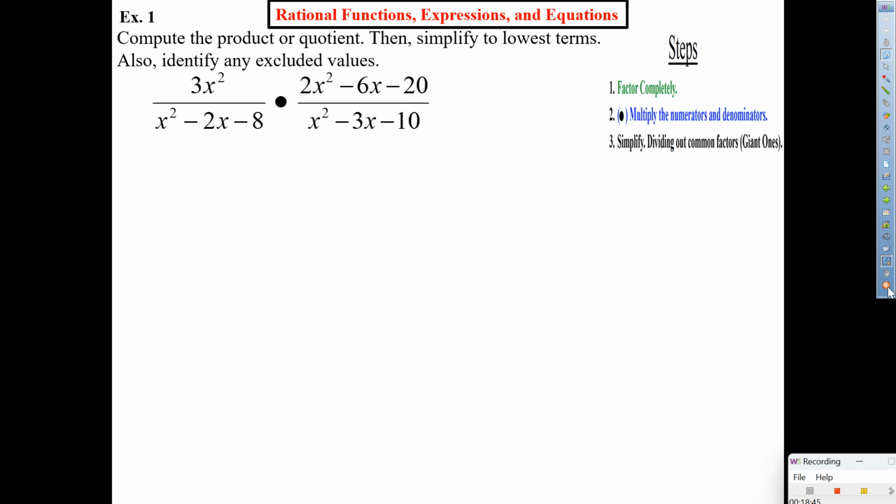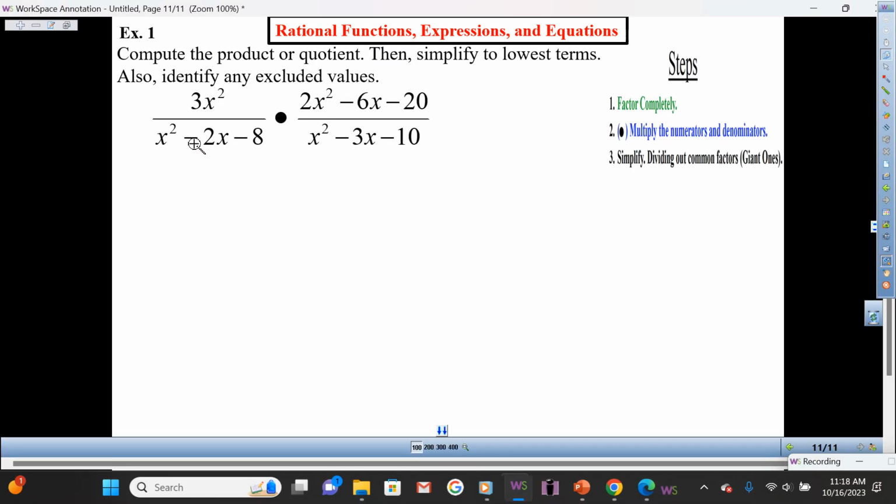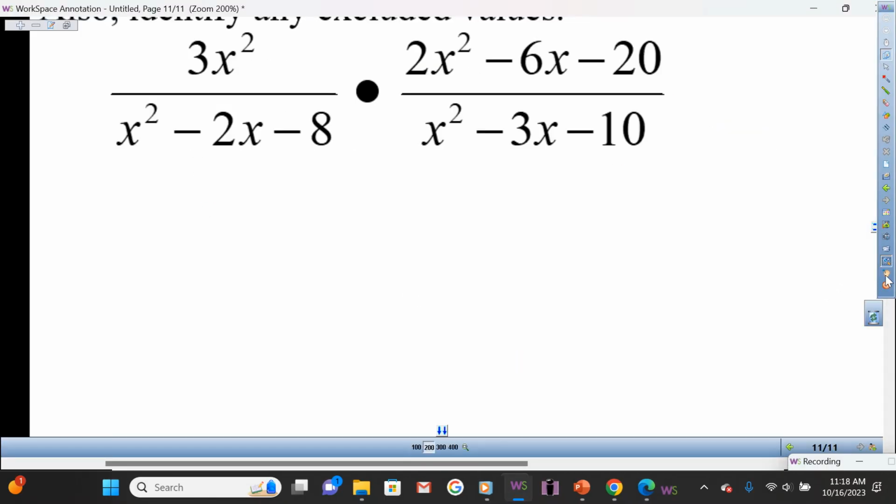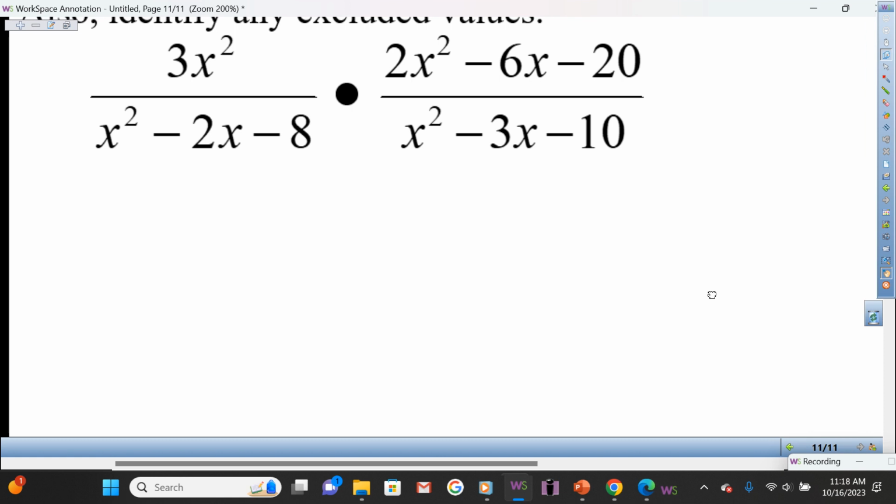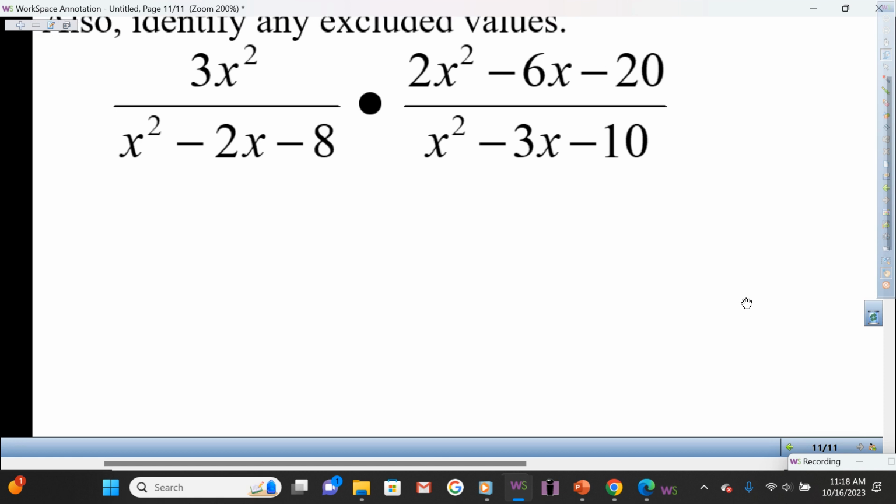All right. I'm going to zoom in. And I think we can do that together, yes? Yes, Mr. Q. All right, so let's get started.